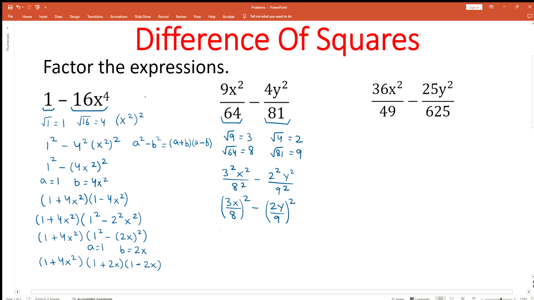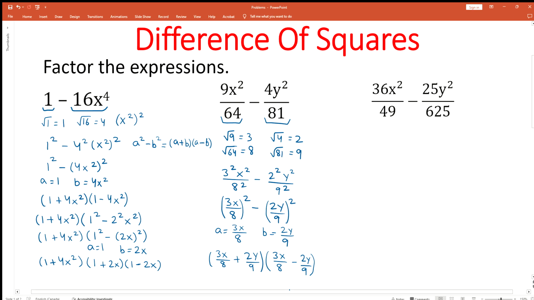In this expression, a is equal to 3x over 8 and b is 2y over 9. We can write this expression in factored form as shown. We cannot simplify this expression, so this should be the final answer for the factored form of the given expression.